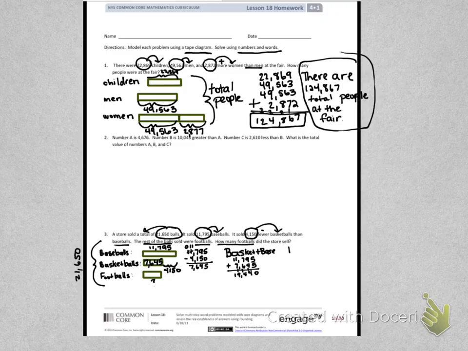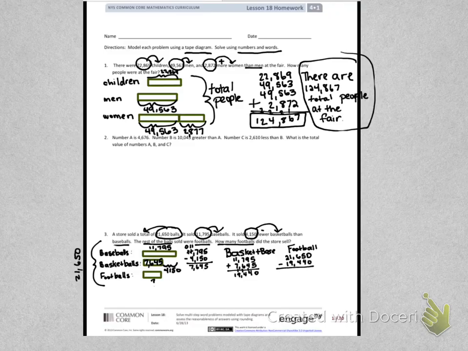To find our footballs, we need to take our total number of balls, because we know our total. That was 21,650, and subtract off how many baseballs and basketballs we have, 19,440.